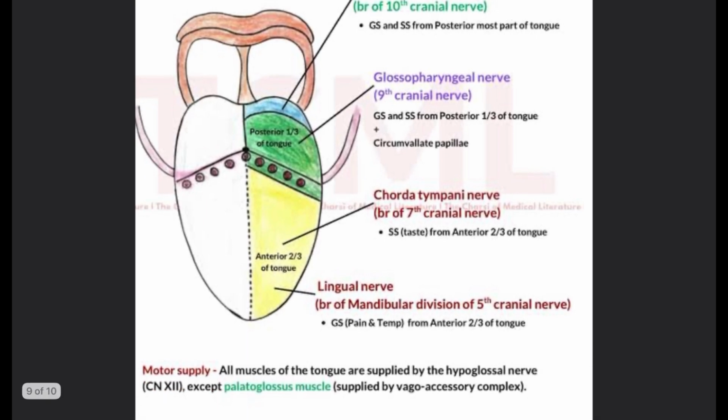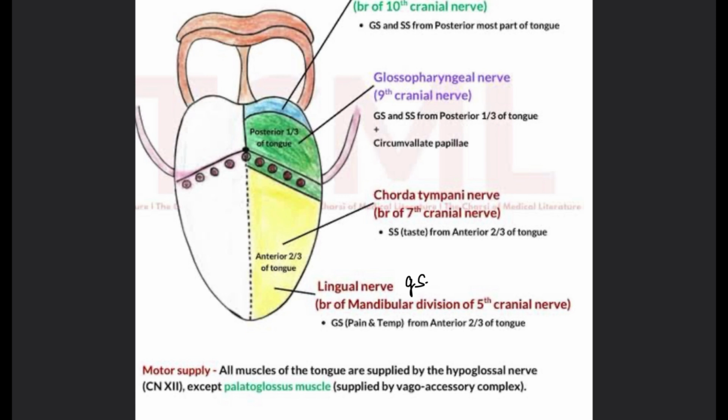Here the tongue is divided into three parts. Okay, the anterior 2/3, the posterior 1/3 along with the circumvallate papilla, and the posterior most part. So the anterior 2/3 is by the lingual nerve, which is a branch of the 5th cranial nerve, that is the trigeminal nerve, only for the general sensation.